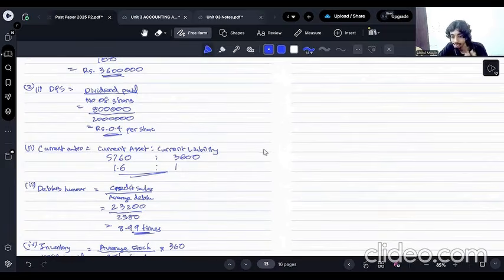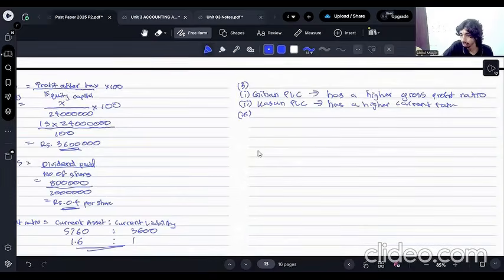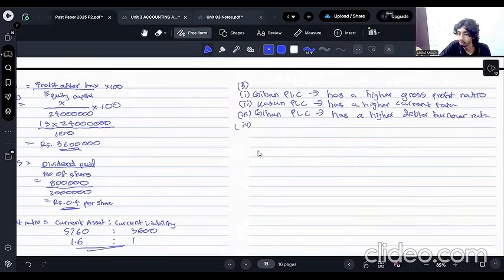Here 8.99 times means that during the year you can collect cash from your debtor around 8.99 times. So Gihan PLC has a higher debtor turnover ratio. How many times on average are you recovering cash from your debtor?